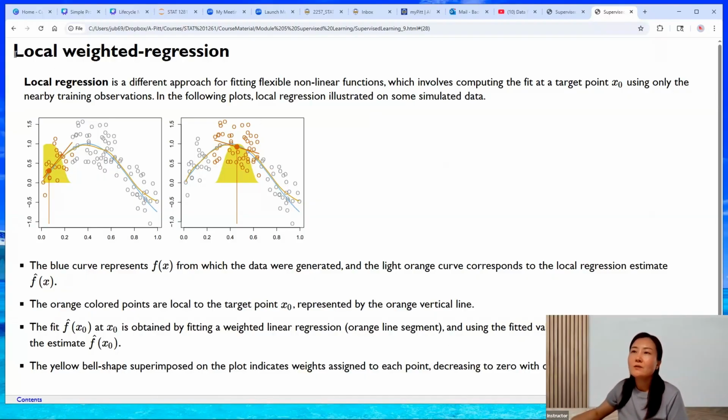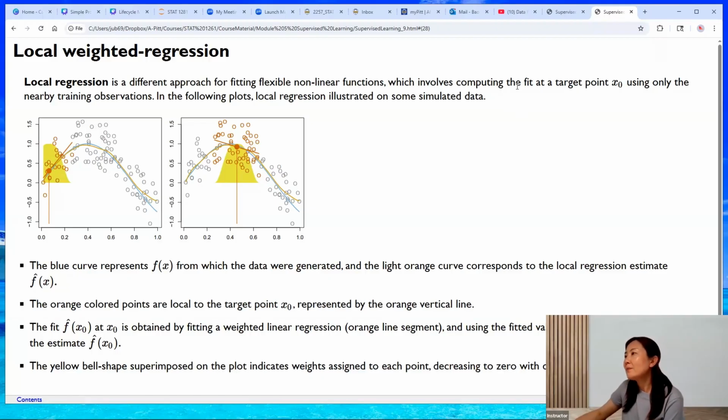The last model is local weighted regression, or the loess model, as I usually call it. Local regression is similar to but different from the other models we have talked about, the splines. This is a different approach for fitting flexible nonlinear functions.